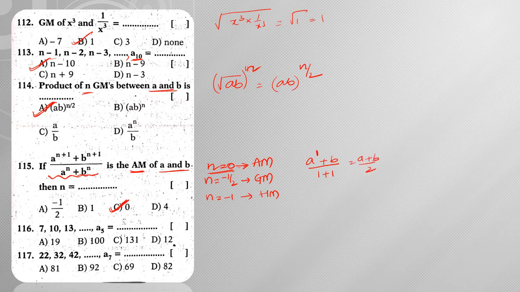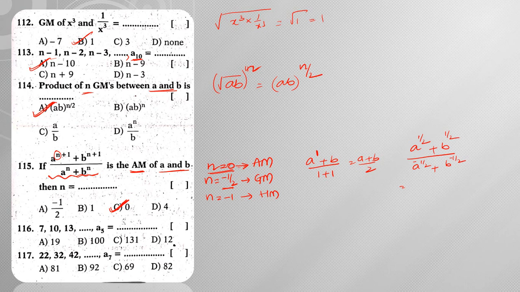When you consider n is equal to minus half, in the place of n I am replacing minus half. So 1 minus half is a power 1 by 2 plus b power 1 by 2, by a power minus 1 by 2 plus b power minus 1 by 2.